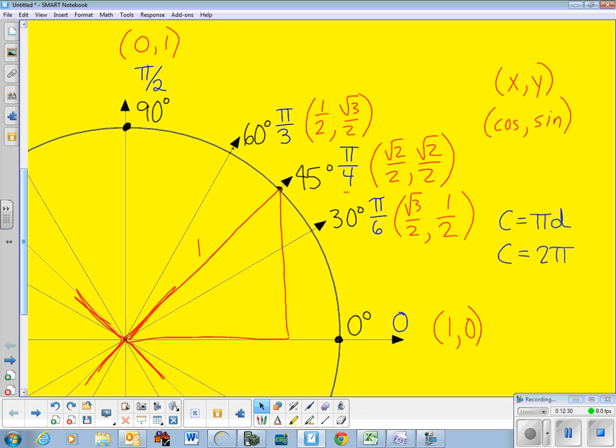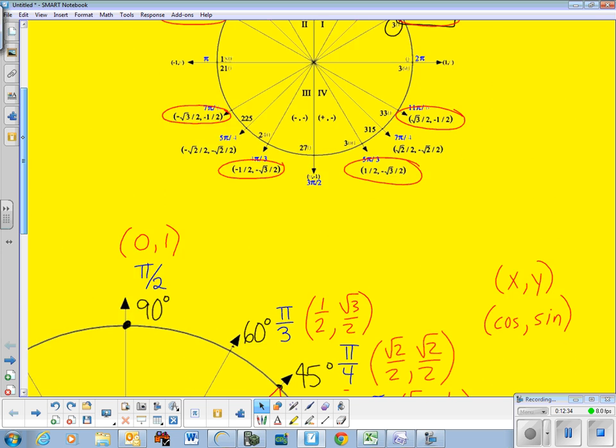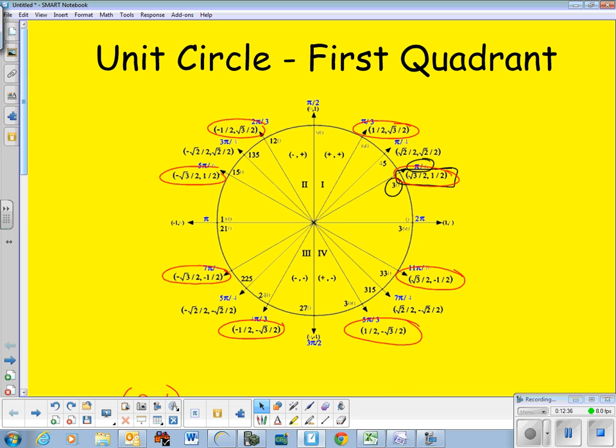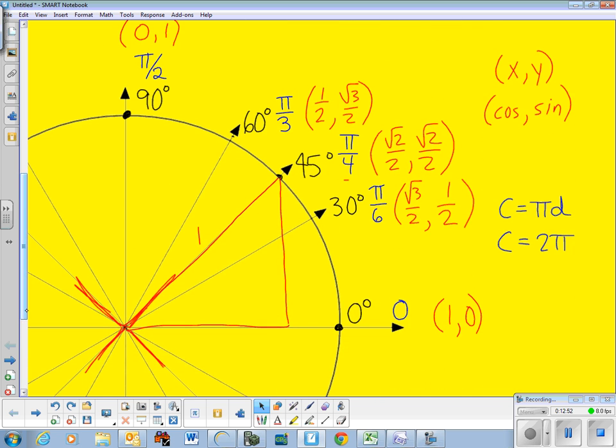When you move to other quadrants, depending on where you are, the x's and y's will go from positive to negative. But every single one of them, x and y are both square root of 2 over 2. Plus plus, minus plus, minus minus, plus minus. That's the only decision you have to make. Okay? So, first quadrant, unit circle, that's it.